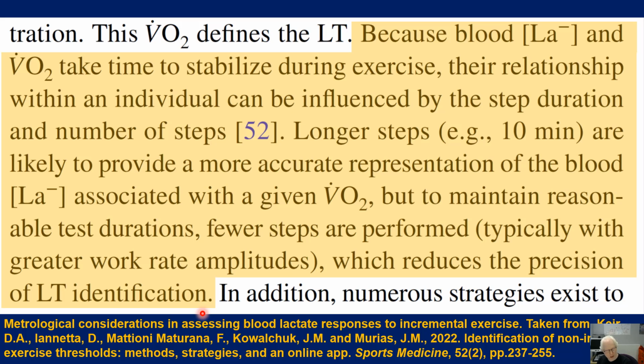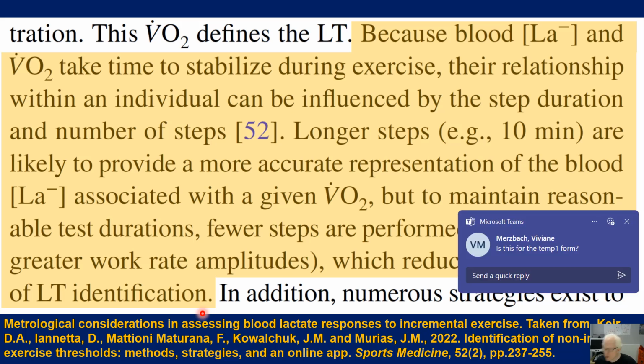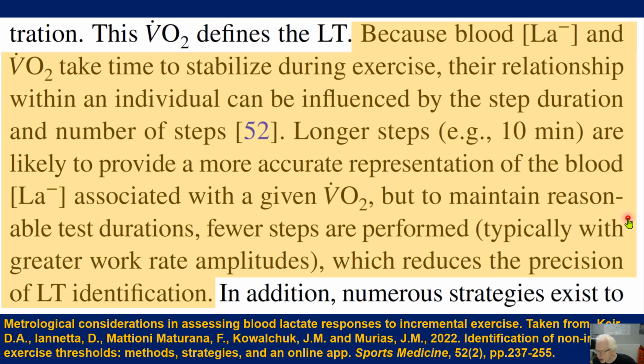Or if you want to be precise in the fidelity of the data, reduce the duration, reduce the size of the increments. So rather than doing, say, 1 kilometre an hour, go up by half a kilometre an hour. So there are compromises that one can make in order to fundamentally produce a protocol that suits the needs of the athlete.